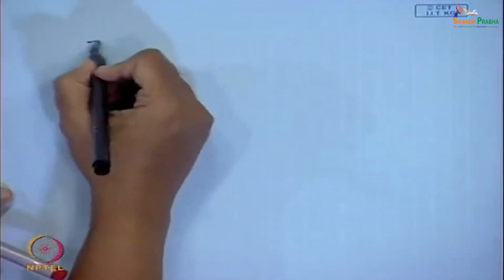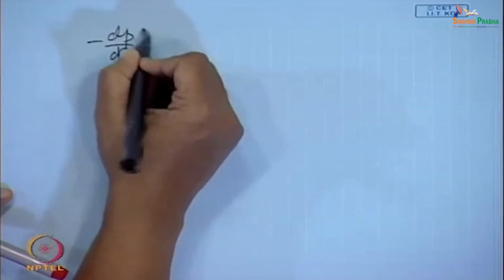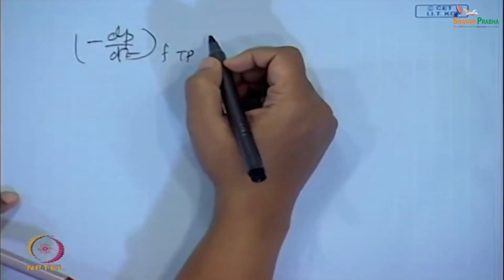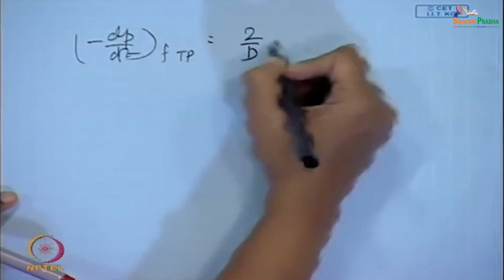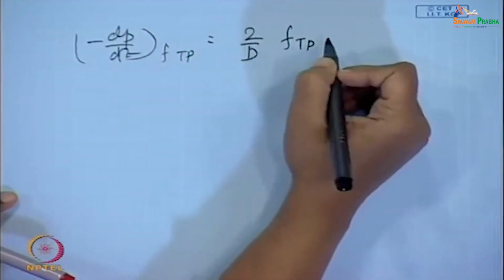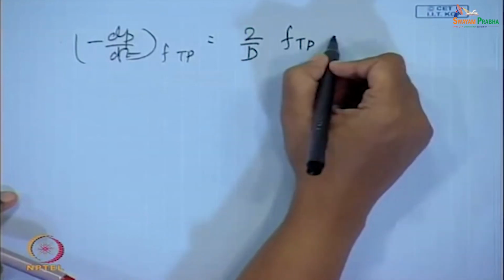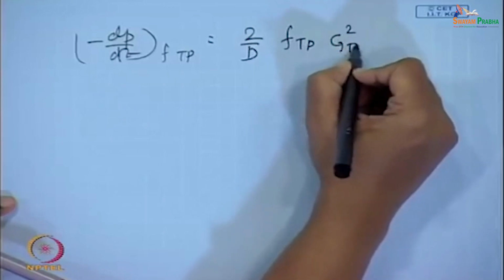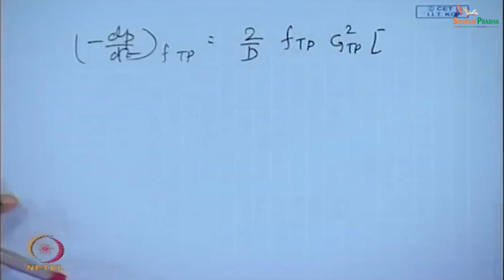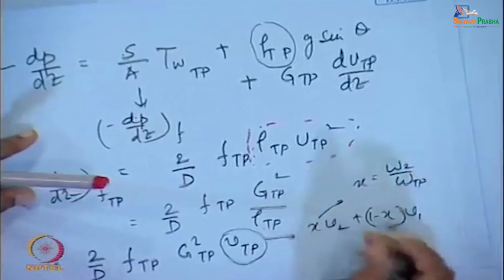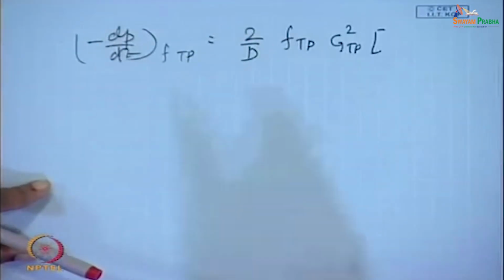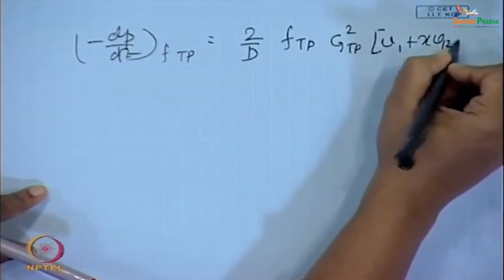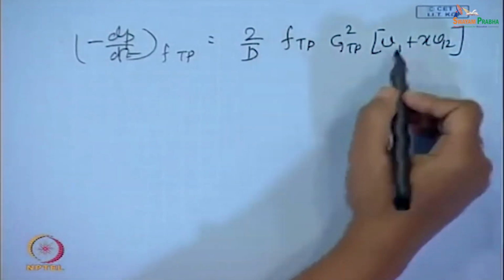We get the frictional pressure gradient for the two phase flow situation. This is obtained as 2 by d f T p g square, and this particular term can be written down as V 1 plus x V 1 2. Why have I written it in this particular form?